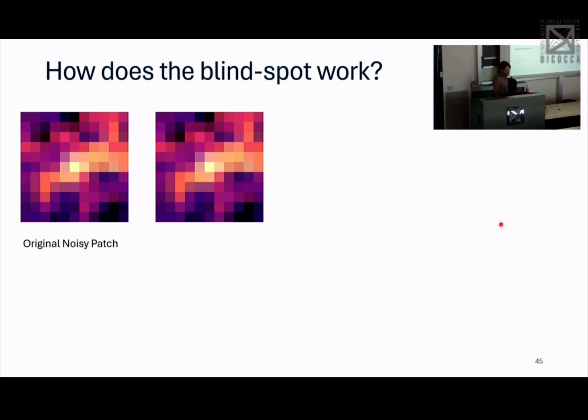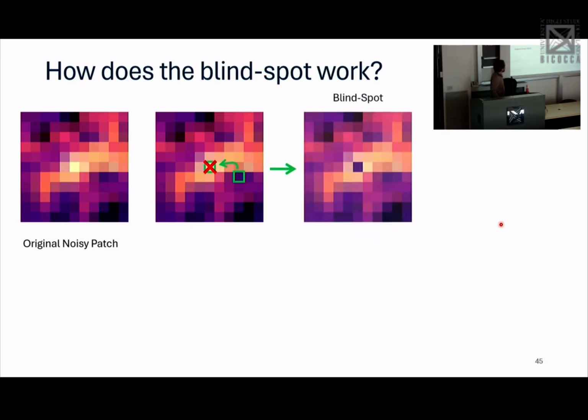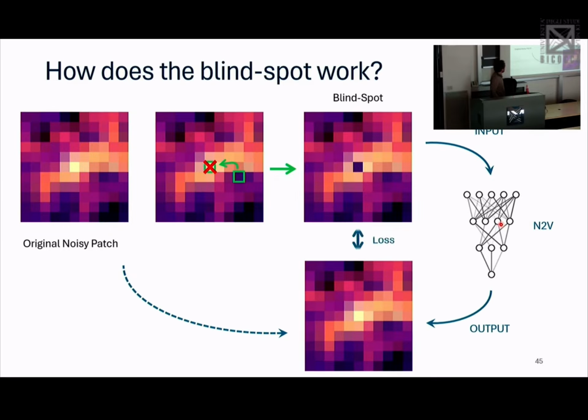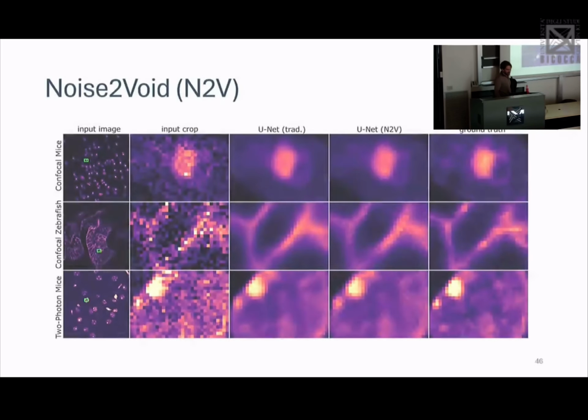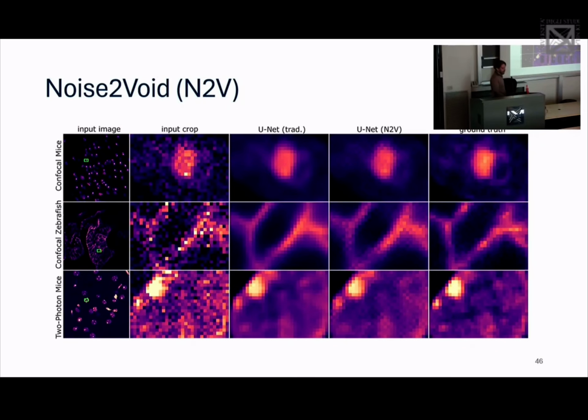Sorry, this had animation. This is the way it works. You get one patch. You remove the central pixel. You ask the network to predict it and get it in output. For the same reason, if our noise has zero mean and the noise on the image is free from any pattern, which is a very strict assumption for this network, you get a denoised image with pretty good results.